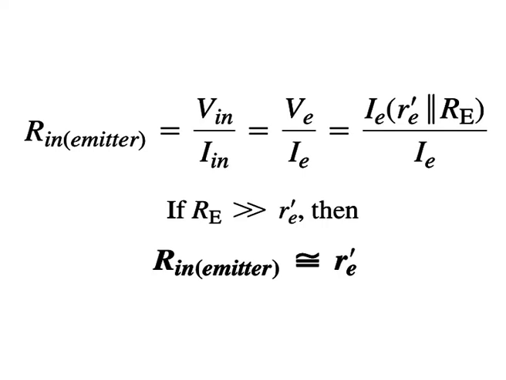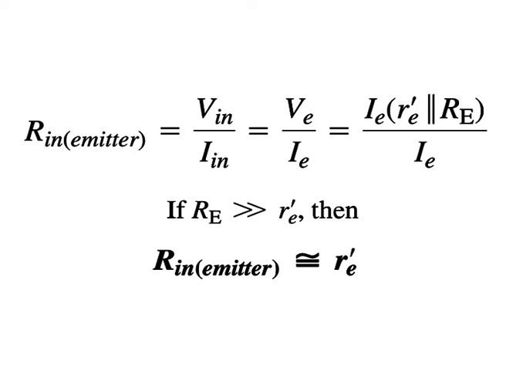Input resistance. The resistance looking in at the emitter is given by this equation. Rin emitter is equal to Vin over Iin, equal to Ve over Ie, which again is equal to Ie times re parallel with Re over Ie. If emitter resistance Re is much greater than the AC emitter resistance re, then Rin emitter is approximately equal to re.